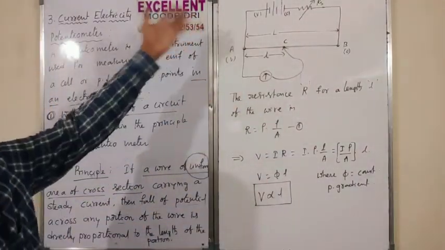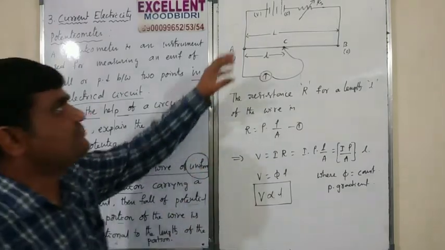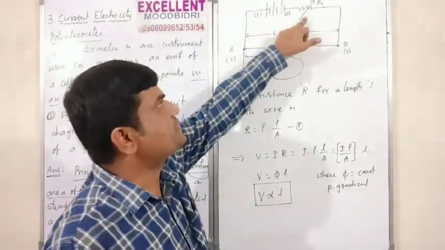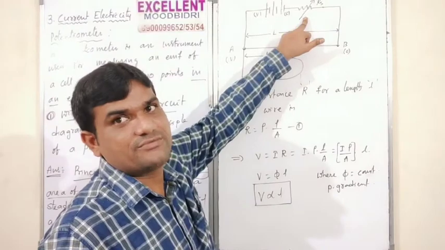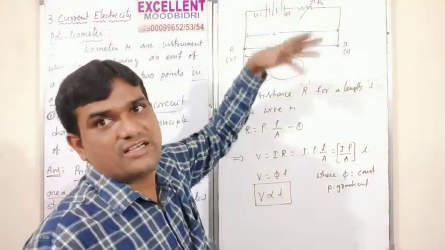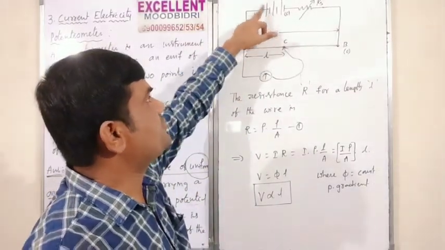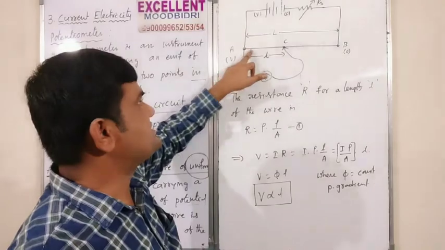This is our potentiometer diagram. This is the battery, and this is the rheostat. With the help of the rheostat we change the voltage. Next is the battery voltage V, and here is the wire.